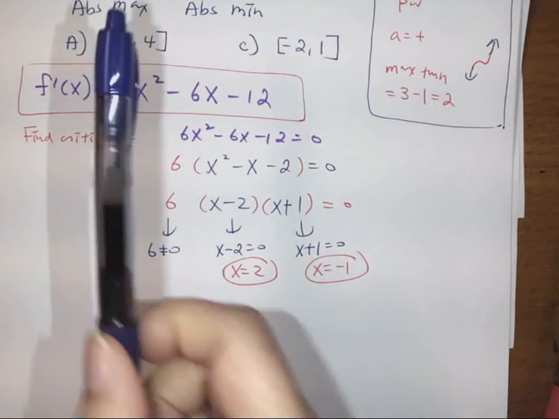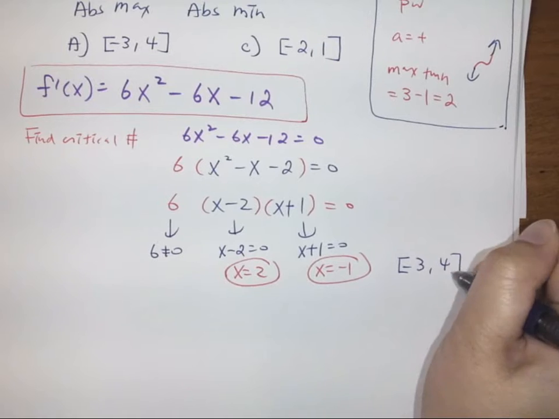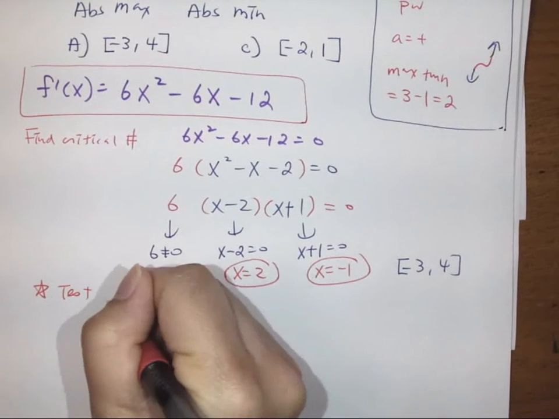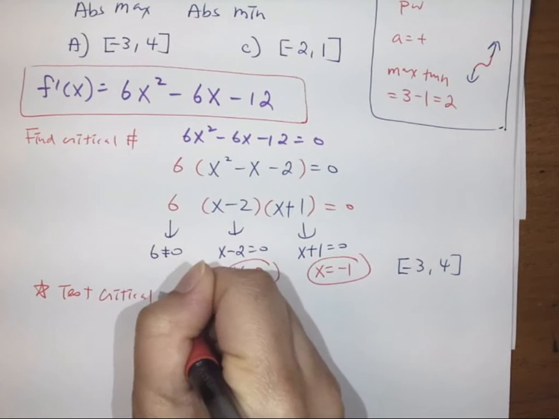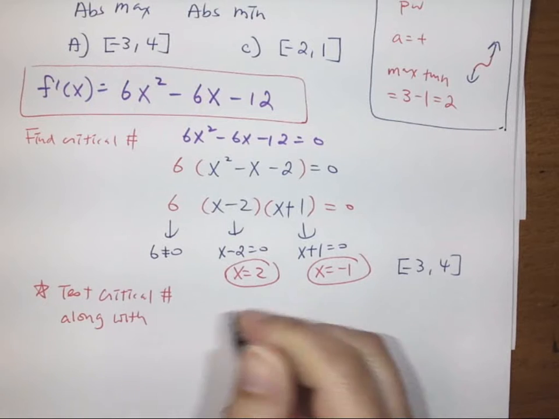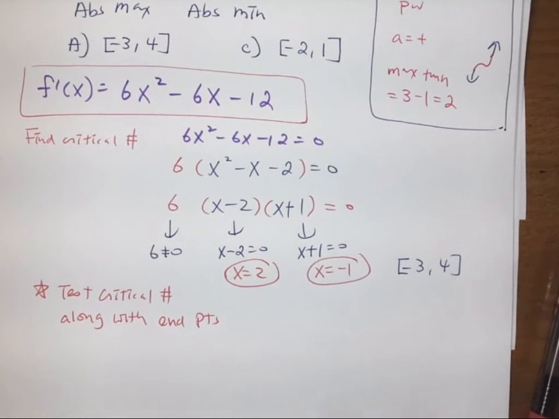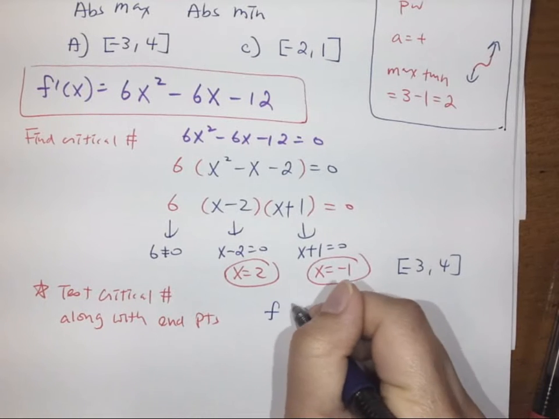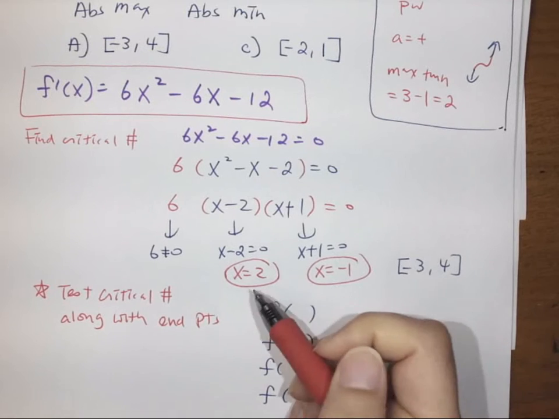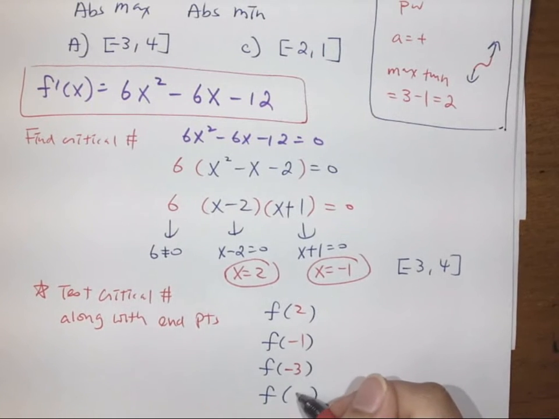Remember, when it has the closed region, which we have here as -3 and 4, what you need to do is test the critical numbers along with the endpoints. That means plugging them back into the original function: plug in my critical numbers 2 and -1, and also my endpoints -3 and 4.